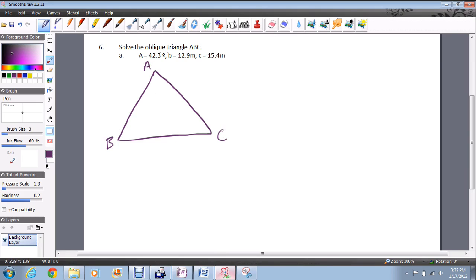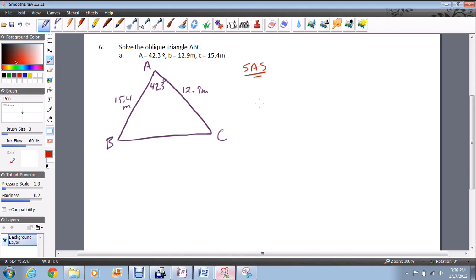So angle A is 42.3, so I'm going to label everything they give us. Side B is 12.9. Remember, side B is across from angle B, so this is 12.9. Side C across from angle C is 15.4. And what we have here is a situation of side, angle, side.